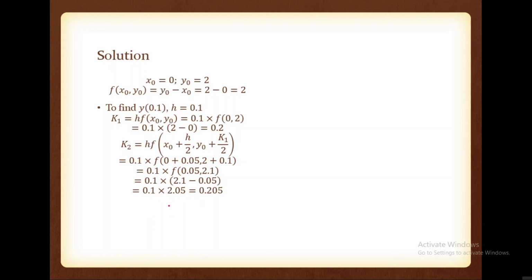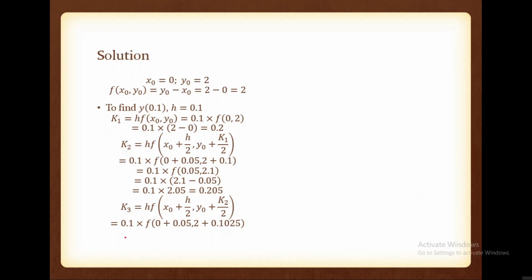So k3 is equal to h into f of x0 plus h by 2 comma y0 plus k2 by 2. So that is equal to 0.1 into f of 0 plus 0.05 comma 2 plus k2 by 2. k2 is 0.205. So divide by 2, it is 0.1025.